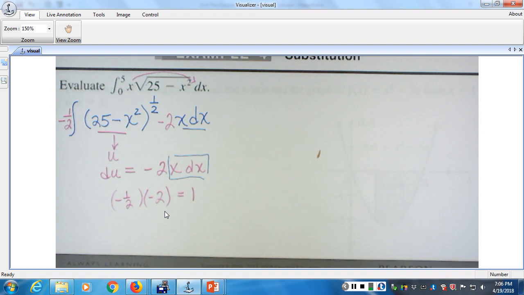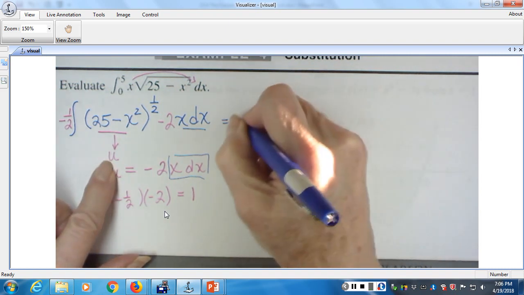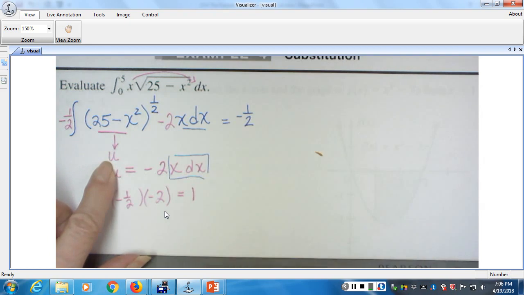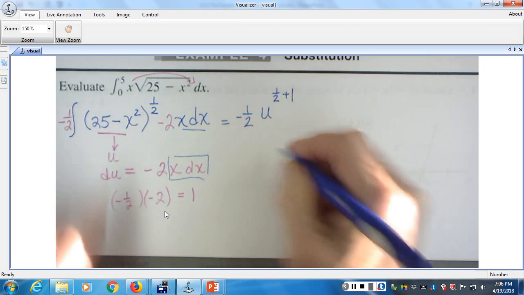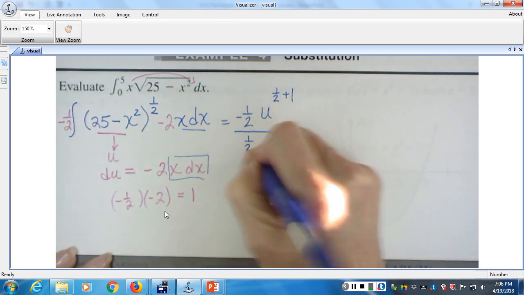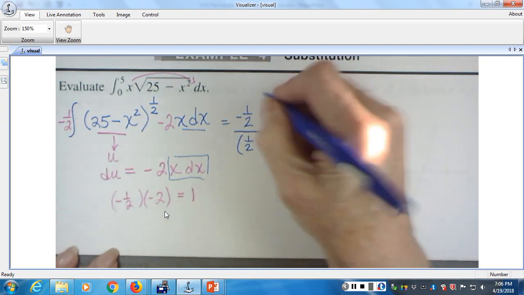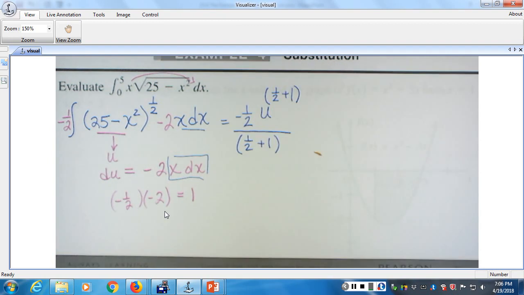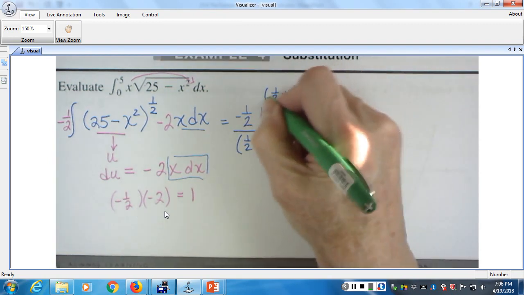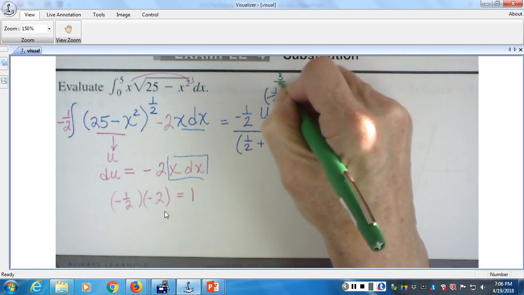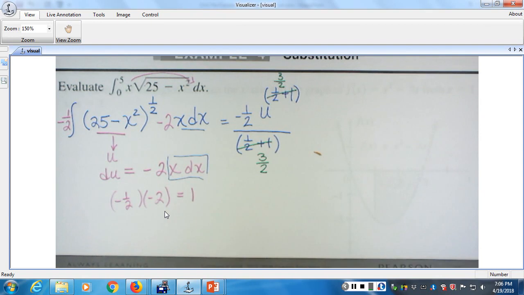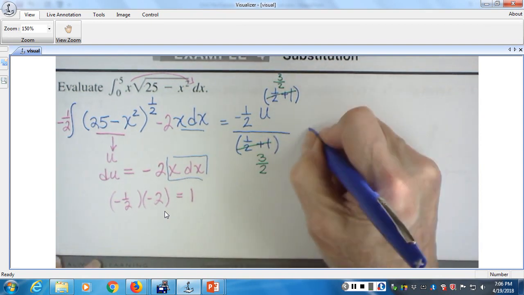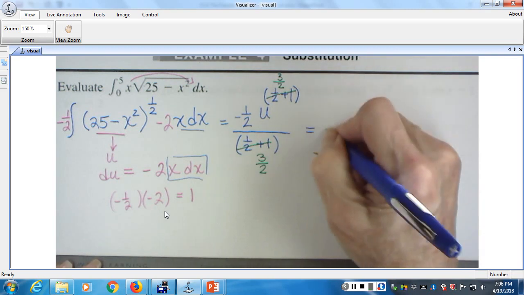So that means now that my integral, using my u substitution, is going to be negative 1/2 times u to the 1/2 plus 1 over 1/2 plus 1. And, of course, we know that 1/2 plus 1 is 3/2. And in order to avoid having all those fractions, I'm going to rewrite this way.